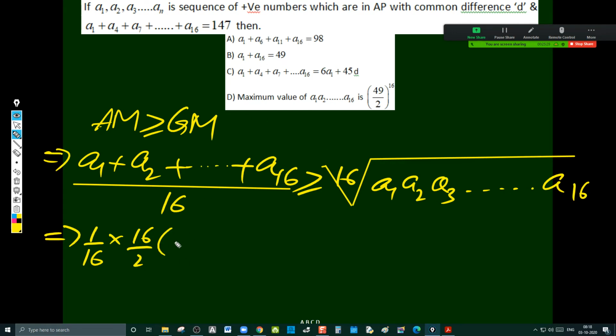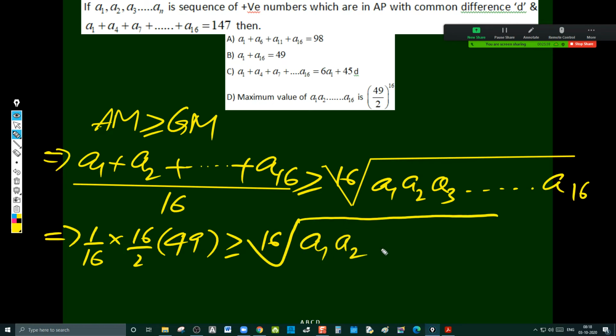First term plus last term, we know it is 49, greater than or equal to the 16th root of A1, A2, A3, so on, A16. Raising the power to 16 on both sides, you will get the same here. So D is also correct.